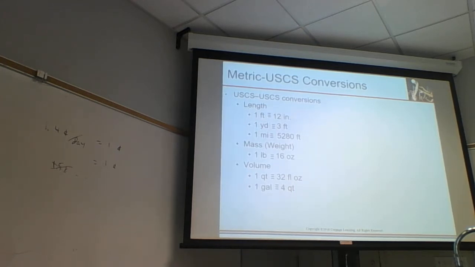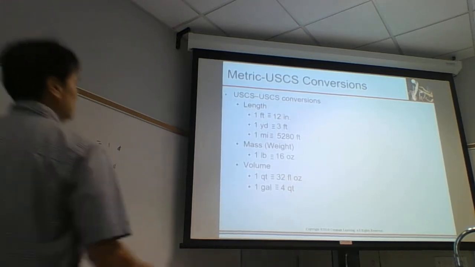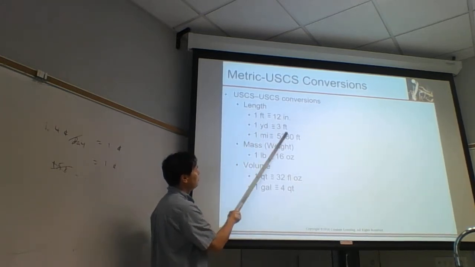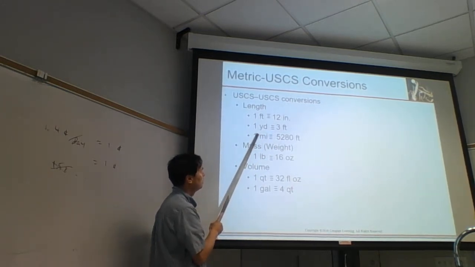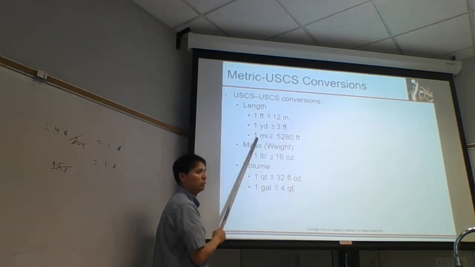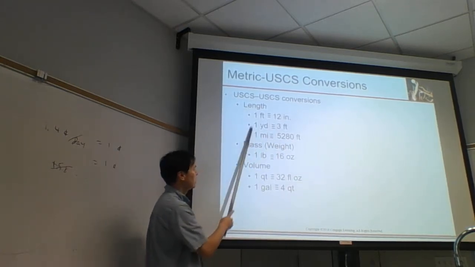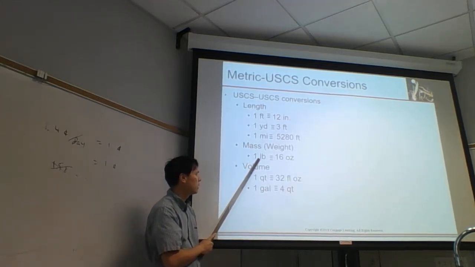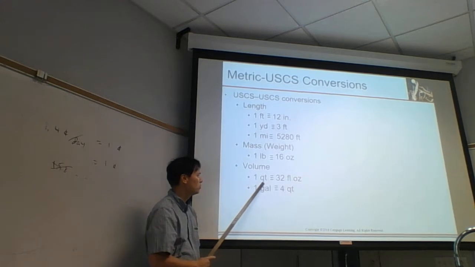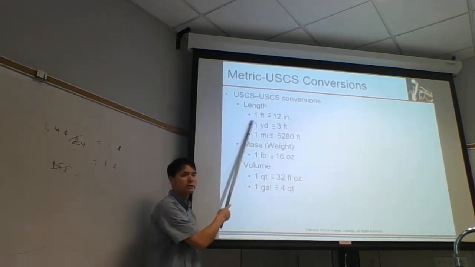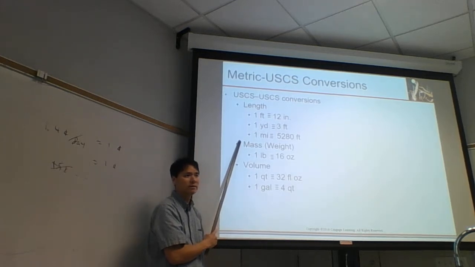These are exact. 12 inches, exactly 1 foot. 3 feet, 1 yard. Exactly 5,280 feet is 1 mile. So these are all exact. 16 ounces, 1 pound. 32 fluid ounces is 1 quart. 4 quarts to a gallon. All these are exact. So they all have how many sig figs?